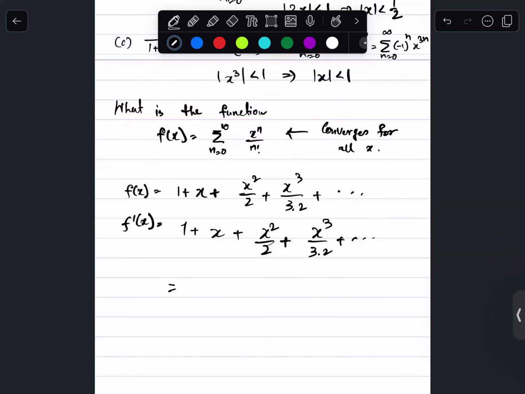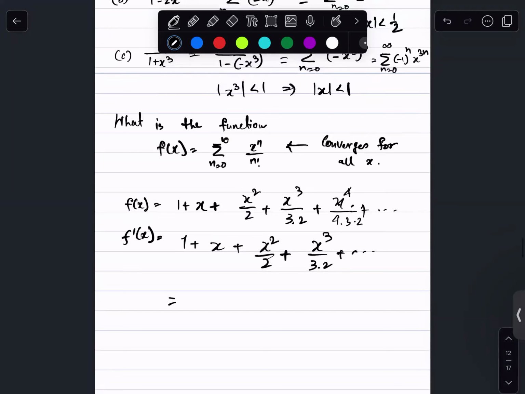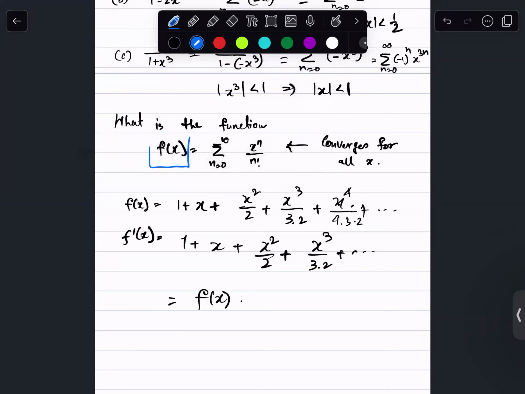If you look at this carefully, this thing, when I take the derivative, is nothing but f(x) again. So this function has a nice property. When I take the derivative, I get back f(x) again, the same function.